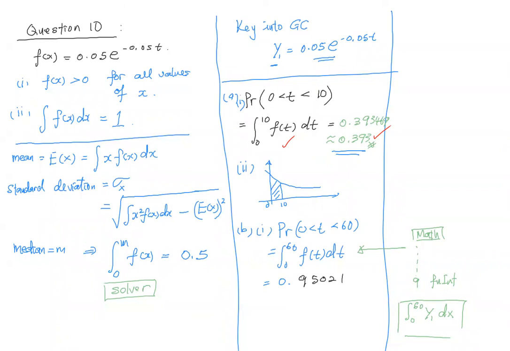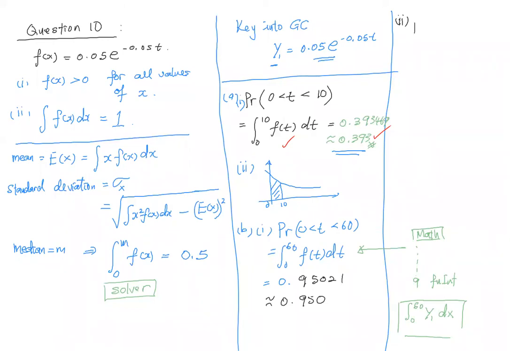So it's approximately 0.950, right? Okay, then we go to part 2. When you read part 2, you have to be very, very careful. They say, how many does the model predict spend more than 10 minutes? This is less than 60 minutes, correct?